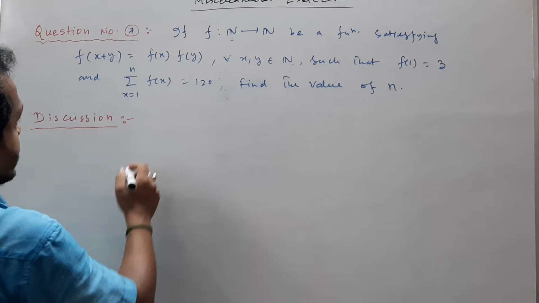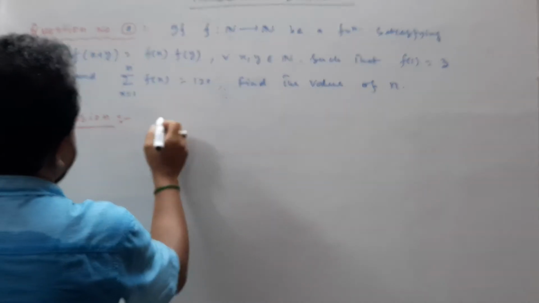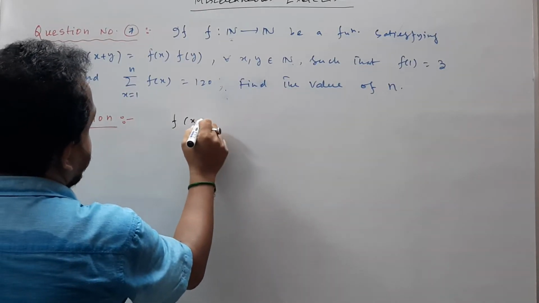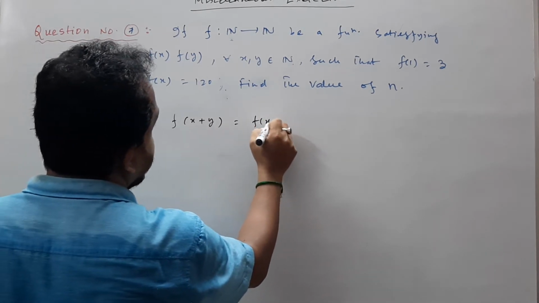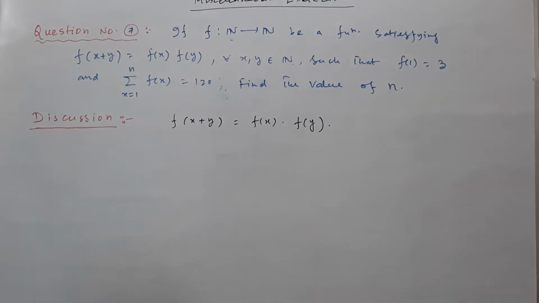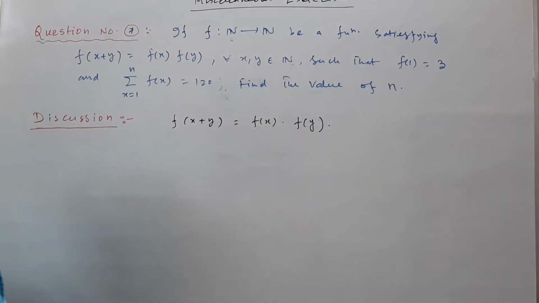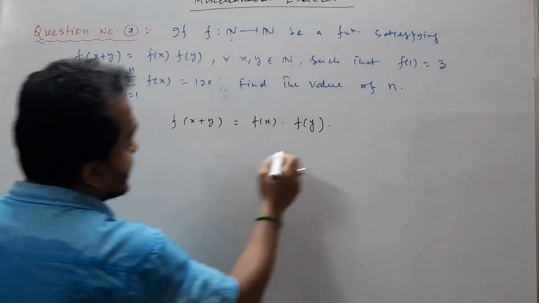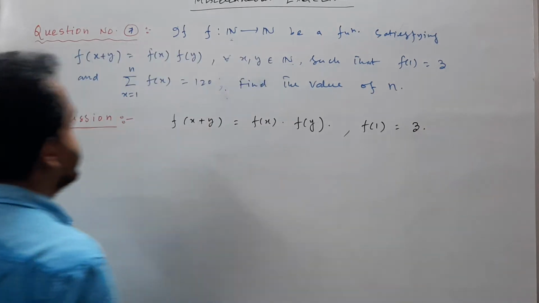So first of all, we consider the condition which satisfies the function here. It is given that f satisfies the condition f(x + y) = f(x) f(y), where x and y are natural numbers. Also given that f(1) = 3.